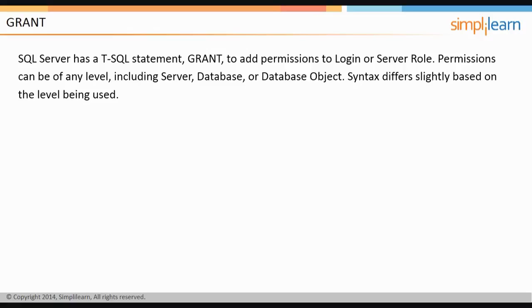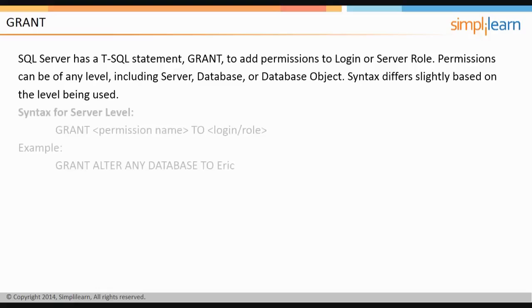The GRANT statement is used to assign different permissions to different levels in SQL Server. However, depending upon the level you need to use, the syntax differs slightly. When assigning a permission to the server level, all you need is the name of the permission, such as ALTER ANY DATABASE, and the name of the login or role you wish to assign that permission to.